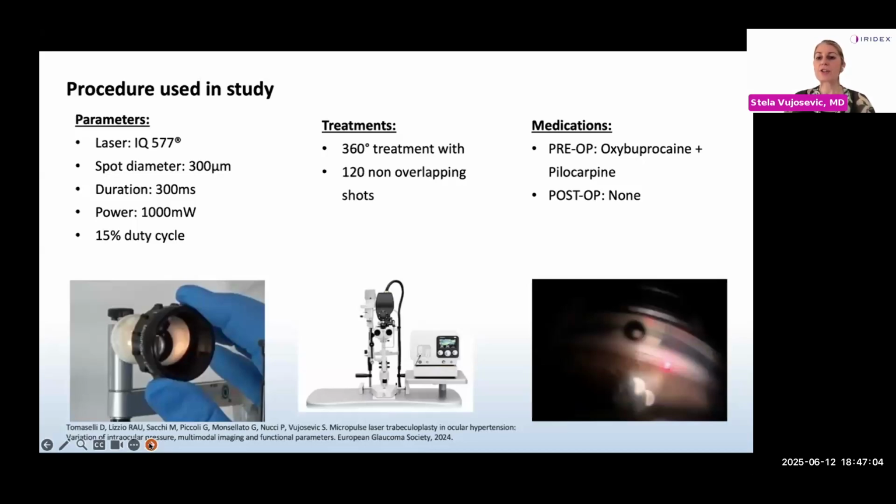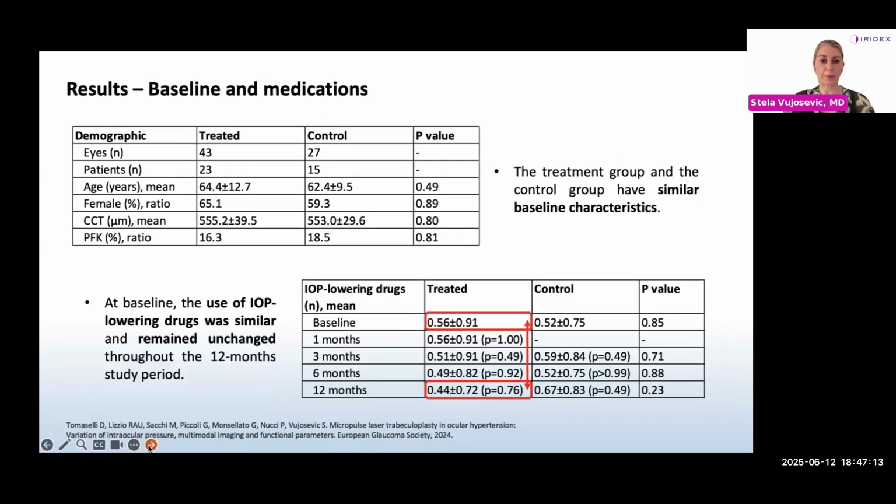You can see the medication: the pre-op was the anesthesia and the pilocarpine, and the post-op no treatment. Here you can see that we involved 43 eyes that were treated and 27 eyes that were the controls. The baseline characteristics were similar between the treated eyes and the control eyes.